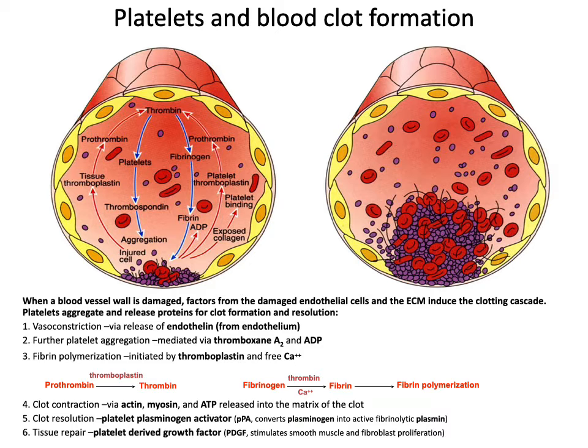Just outside the intima, you have the subendothelium, and then just outside the subendothelium, depending on whether it's a vein or an artery, you have a layer of smooth muscle known as the tunica media. And then outside that, you have the tunica adventitia, which is a layer of connective tissue.